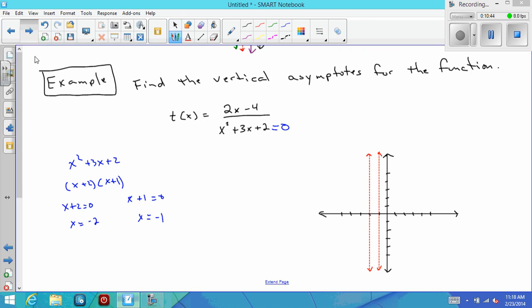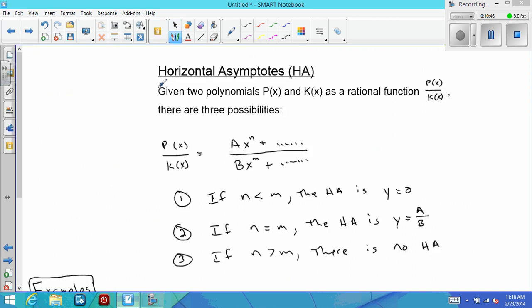Okay, let's go on to vertical asymptotes, or horizontal, sorry. Horizontal asymptotes, or HA, if we are given two polynomials, p of x and k of x, as a rational function, p of x over k of x, there are three possibilities.